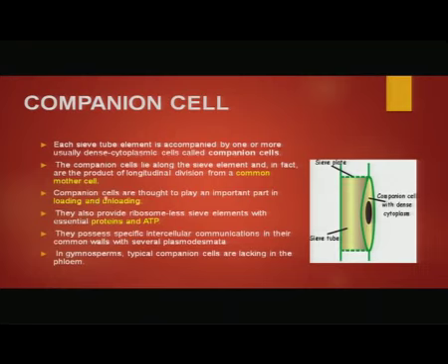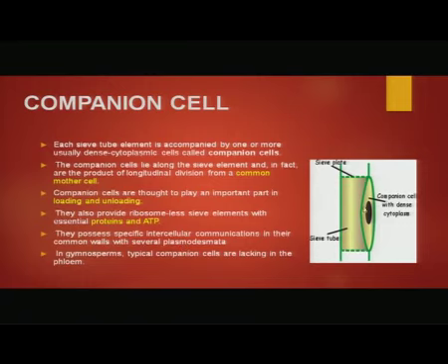They play important role in loading and unloading of phloem, and also they provide ribosome-less sieve elements with essential proteins and ATP. They possess specific intercellular communications in their common walls and have several plasmodesmata.